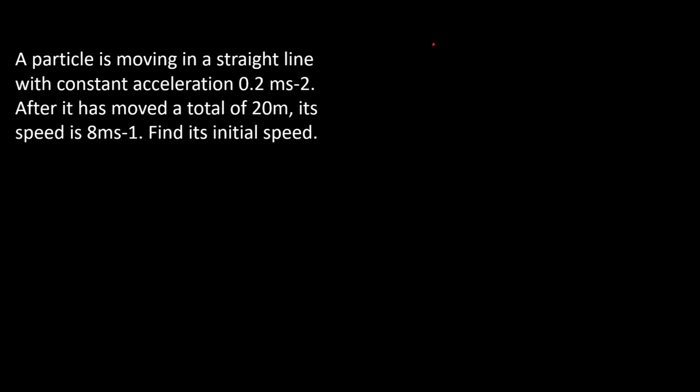I want you to pause the video and give it a try. So let's get started. Now, solution. First thing we are going to do according to our steps is to write down the parameters. We have that our constant acceleration is 0.2 meters per second square.